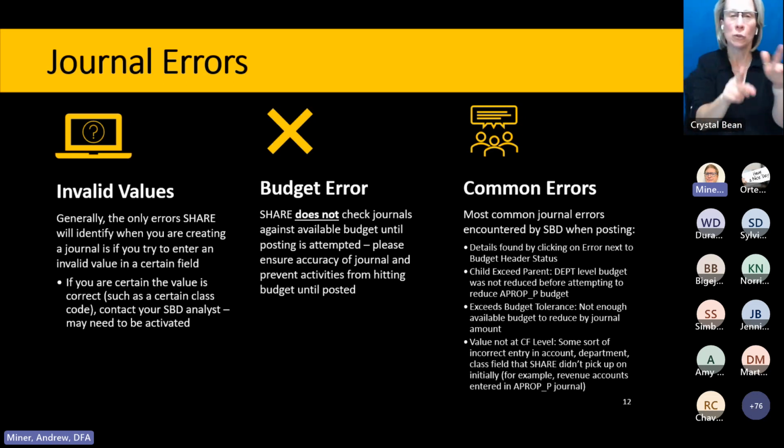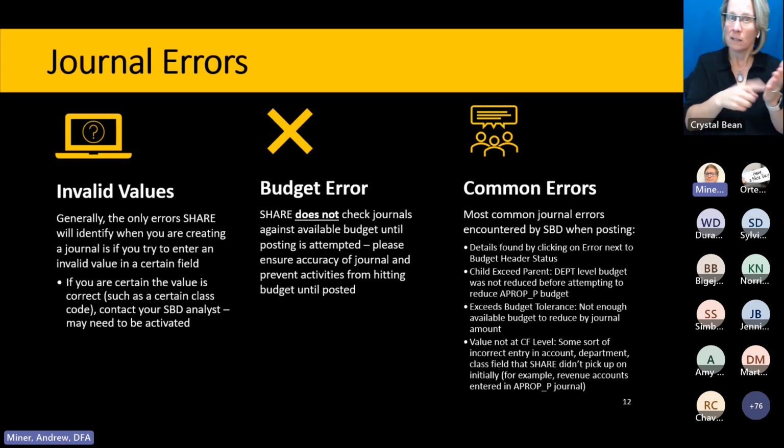Like if I tried to put 12345 in the class code field and it's not recognized, then that's a problem, right? So it will tell you this is an invalid value. Now, sometimes you might be sure that the value is correct.